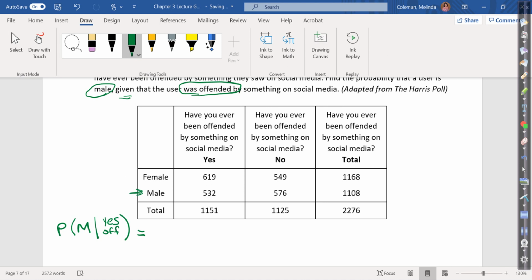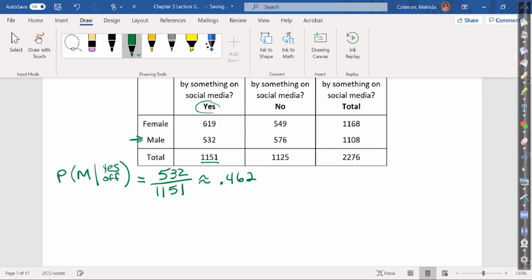The probability that we chose a male, given that they are offended, here's the yes. So there were 1,151 offended people, of which 532 were male. So 532 divided by 1151, which is approximately 0.462.